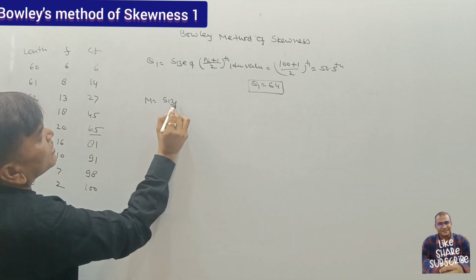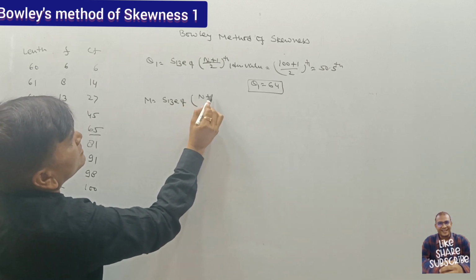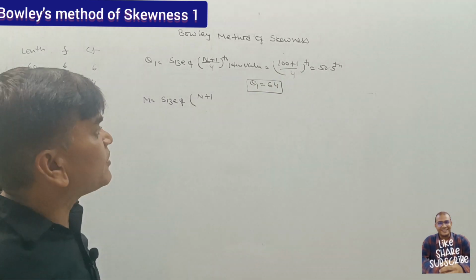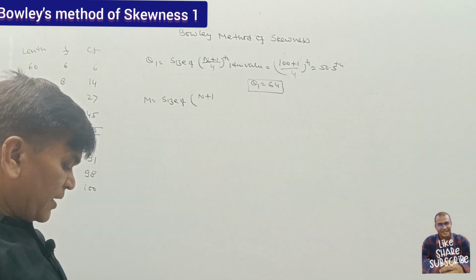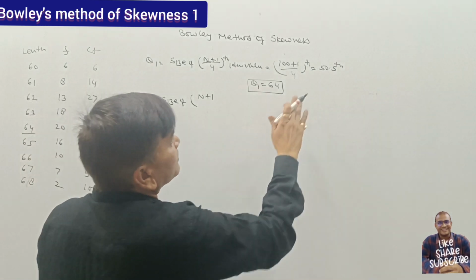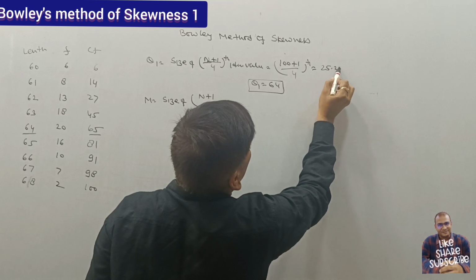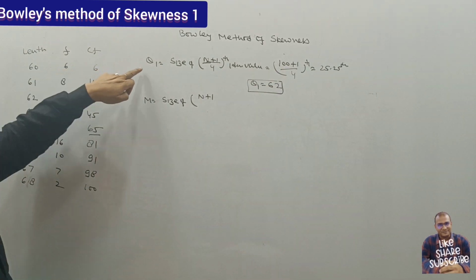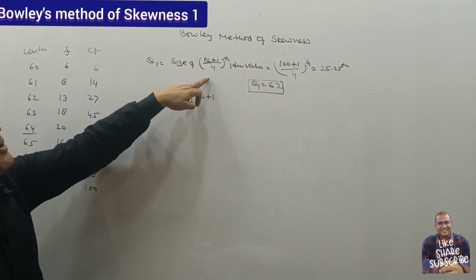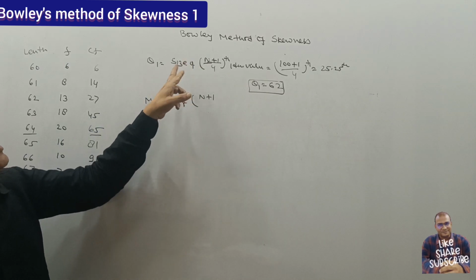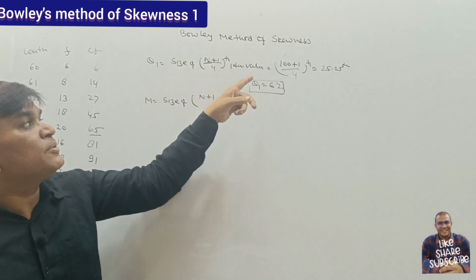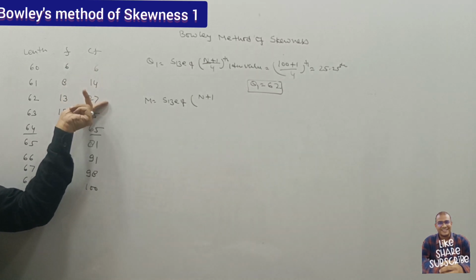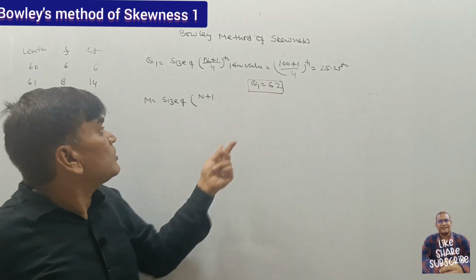For Q1 we use the size of (n plus 1) upon 4, not 1 upon 2; 1 upon 2 is for the median.